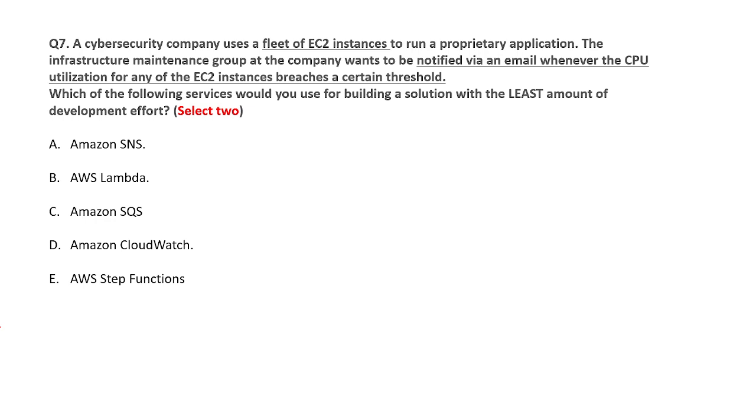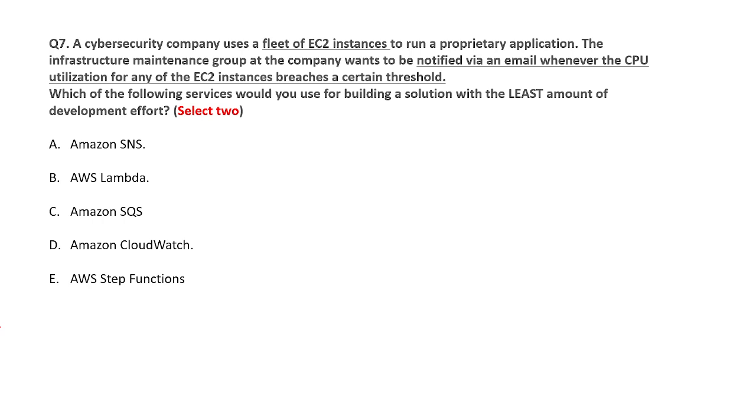This is a very simple question, guys. In the AWS cloud, we use the Amazon CloudWatch monitoring service to monitor, because CloudWatch has metrics to monitor EC2 instances as well as other services.